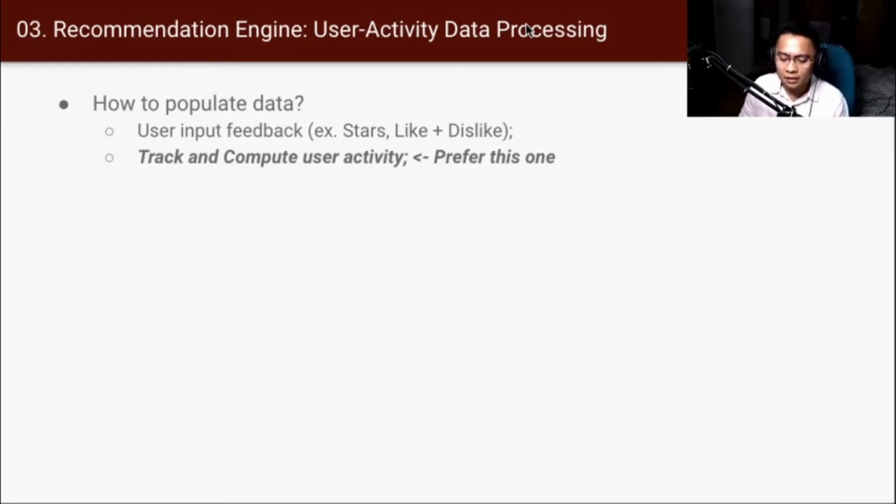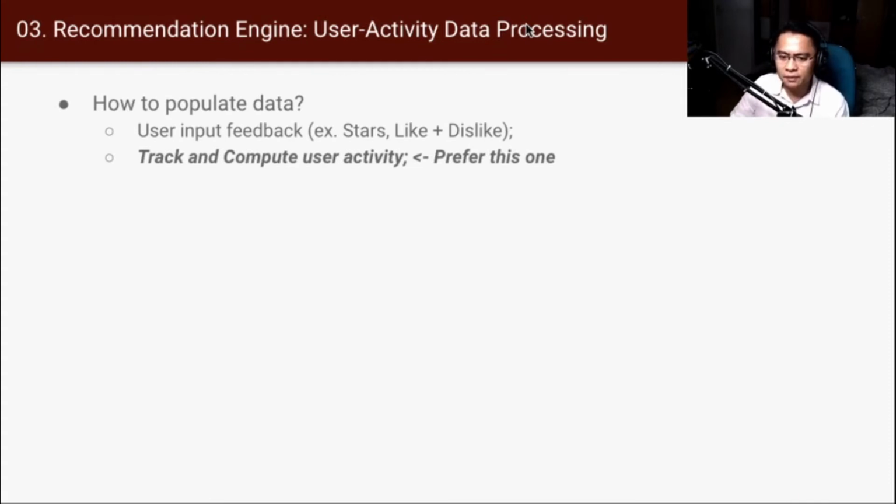Why? Because by implementing this service, we don't need the user to do manual activity like giving stars or clicking like or dislike, since maybe the user has a bias towards some actors, or a bias towards some movie, and maybe they just misclick the button.